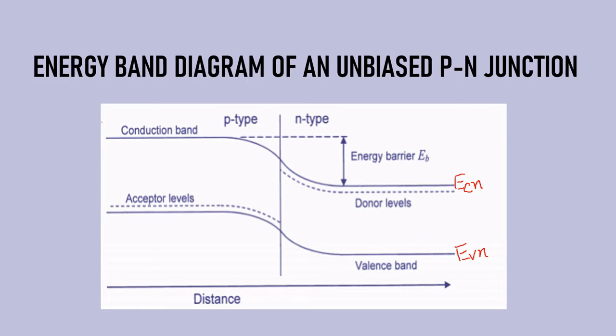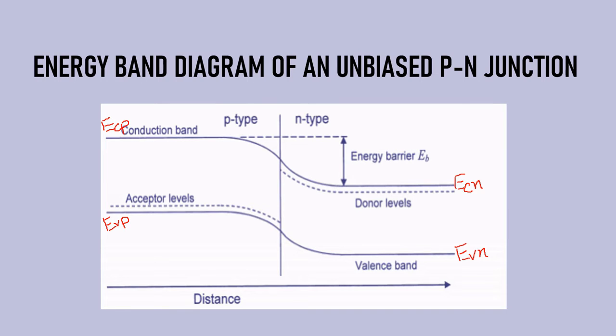This is the conduction band edge for the P side, referred to as ECP, and this is the valence band edge for the P side, referred to as EVP. So the Fermi level EF lies near the conduction band edge for N-type semiconductor and for P-type semiconductor it lies near the valence band edge EV.